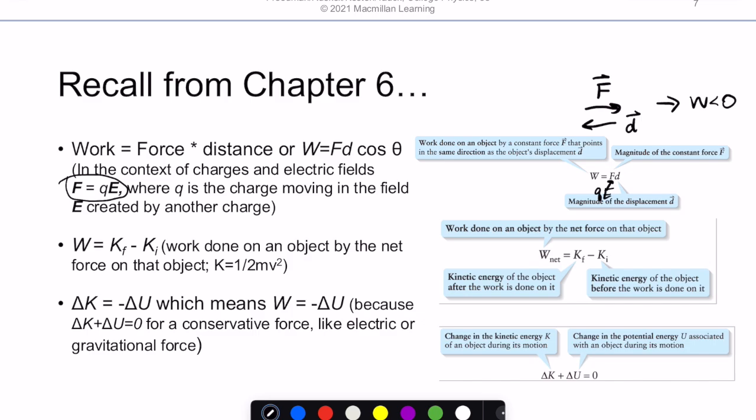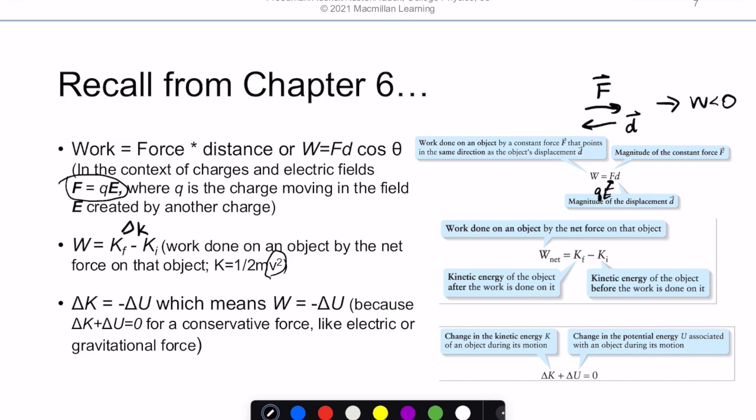So there's another way we can define work done. If we have knowledge of the velocity that the object is moving, we can define work done by its change in kinetic energy, okay? Where Kf minus Ki is simply delta K, right? So anytime we have a delta, we have a triangle there, that means final minus initial.